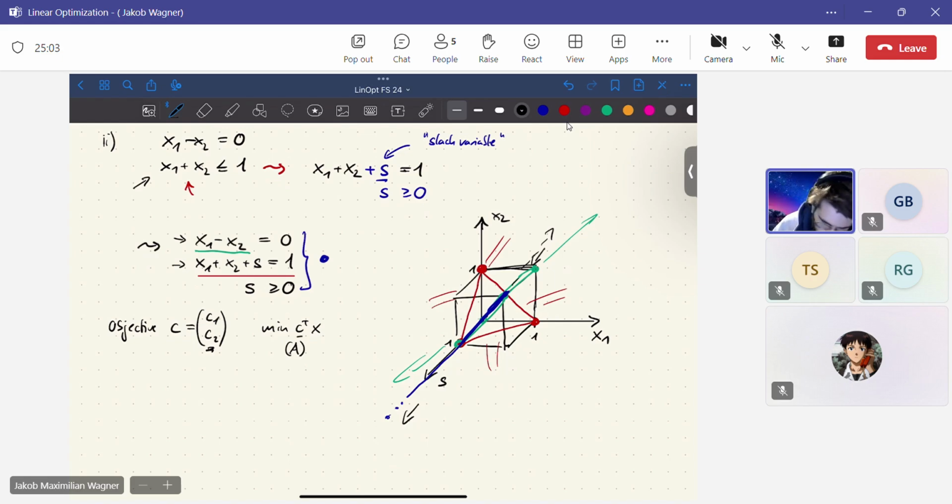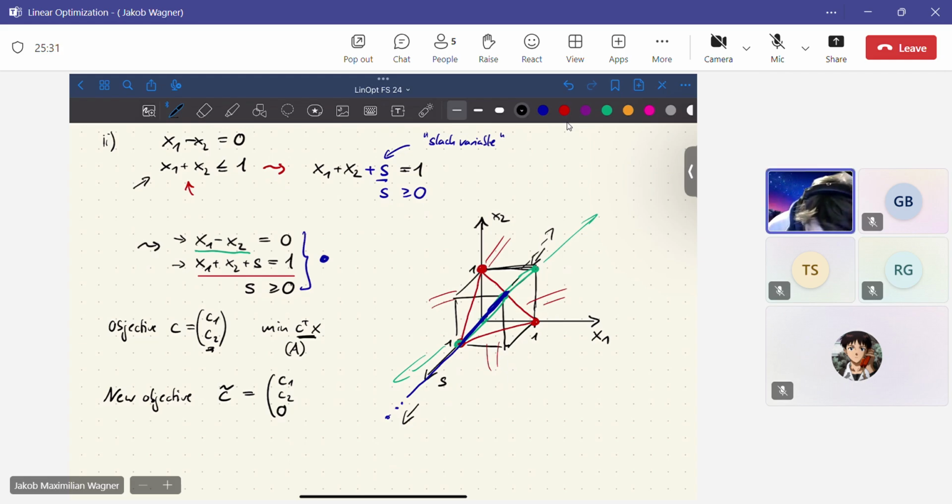But we obviously still want to keep our objective function value the same. So we only want x to enter there. And so if we do this transformation, we need a new objective function. Let's call this C tilde. And there we just write our old entries of the old objective vector into there.